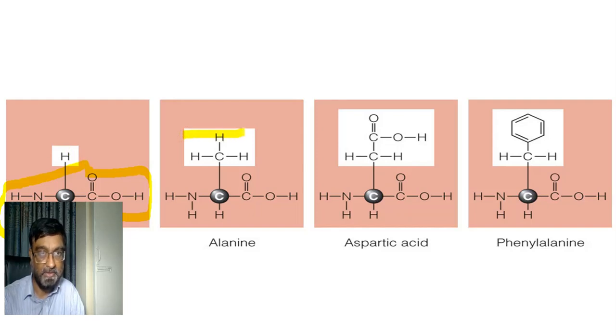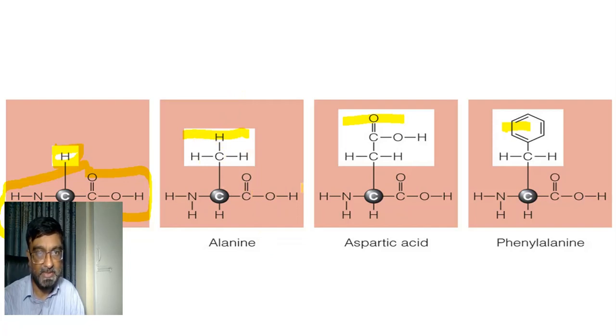So this is the same structure. One side is COOH, on the other side NH2, and on the third side H with this carbon, right? So this is the same structure, and you only have to remember this part. For glycine, this part has H on it. For alanine, this is CH3.